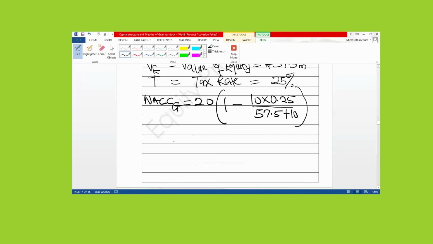The WACC of a geared company is equal to 20 brackets 1 minus 2.5 over 67.5. Work this out.